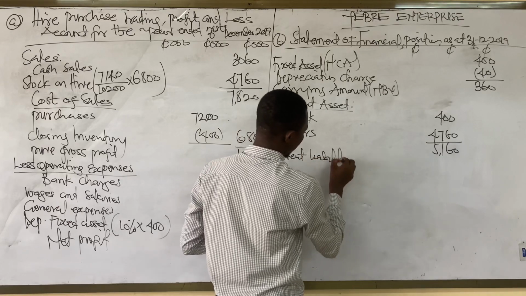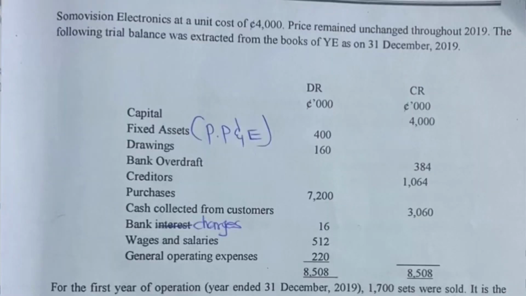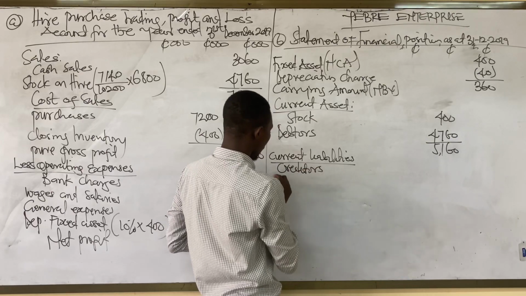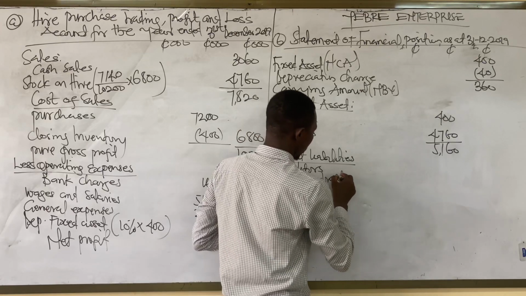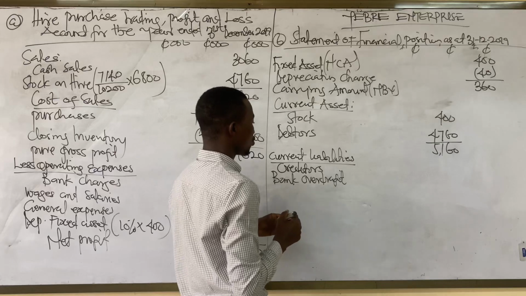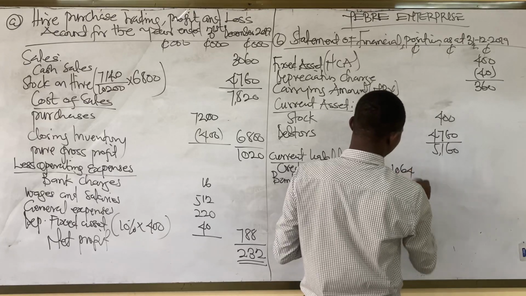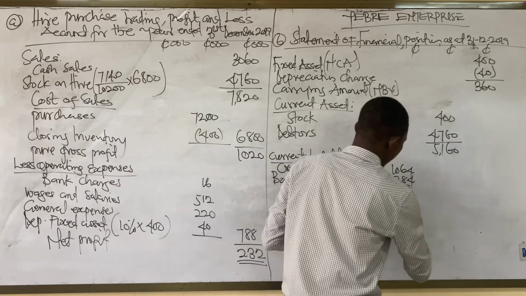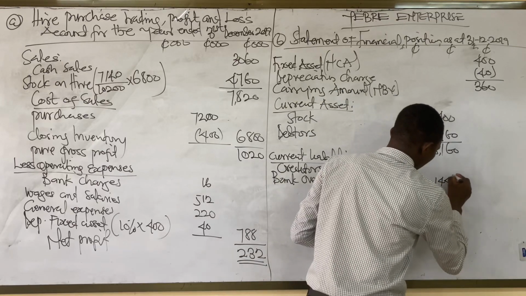So we take out our current liabilities. From the question we have bank overdraft and creditors. So these are the two current liabilities, and the creditors amount is 1,064 and the bank overdraft is 384. So we add these two and this will give us 1,448.